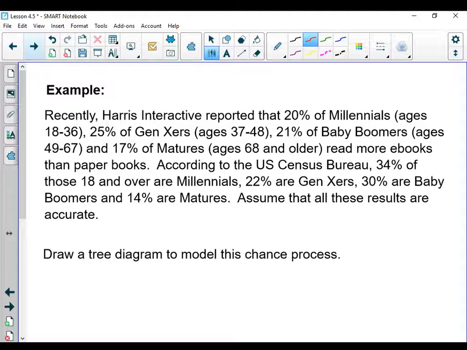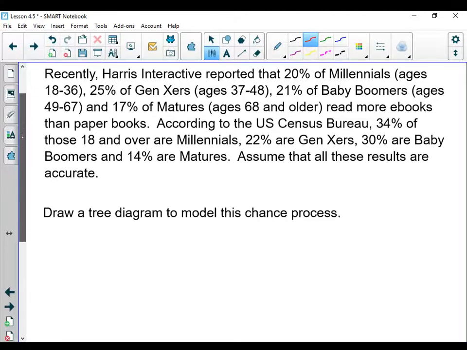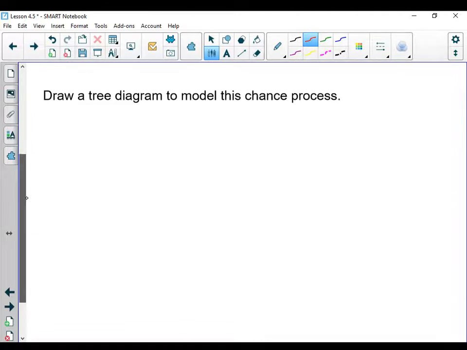All right, so based on those results, we're going to first of all just try to make a tree diagram to model this process. As we make the tree diagram, the first thing we've got to think about is, who did they talk to? Well, they talked to different age groups. And in this case, there were 4 different age groups. Now, I'm going to abbreviate a little bit so I can fit all this on here. But basically, I've got 4 age groups.